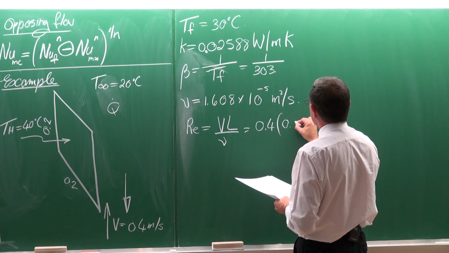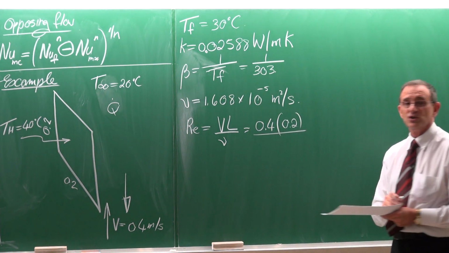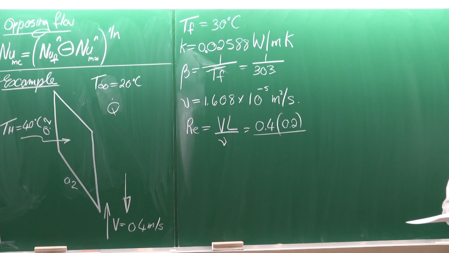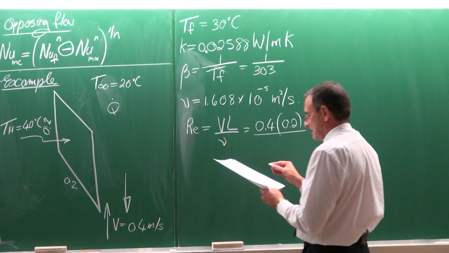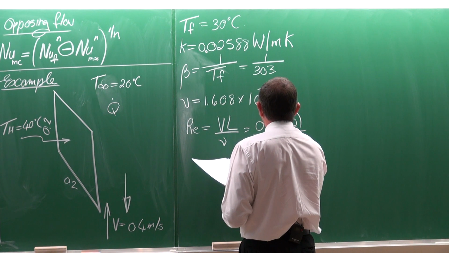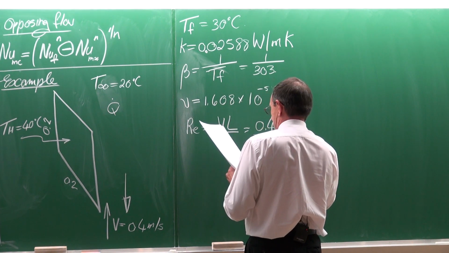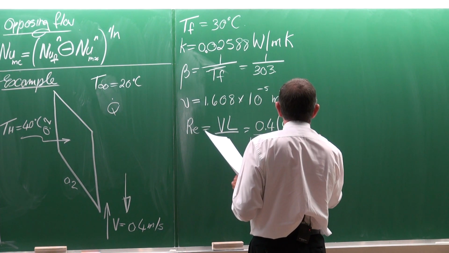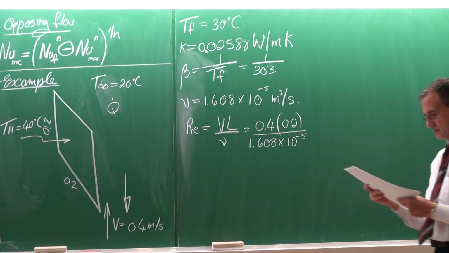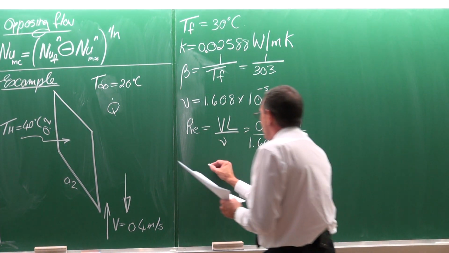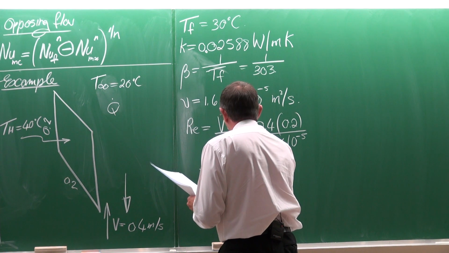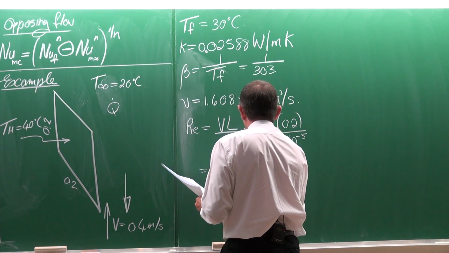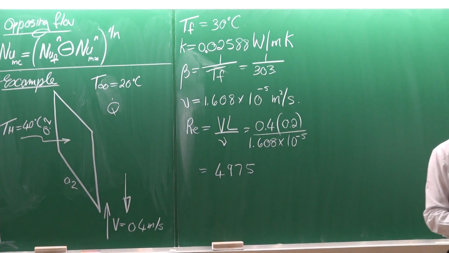The characteristic length is the length of the plate, which is 200 millimeters, divided by the kinematic viscosity, which is equal to 1.608 multiplied by 10 to the minus 5. And the result of that is a Reynolds number of 4,975. Is it laminar flow or turbulent flow?